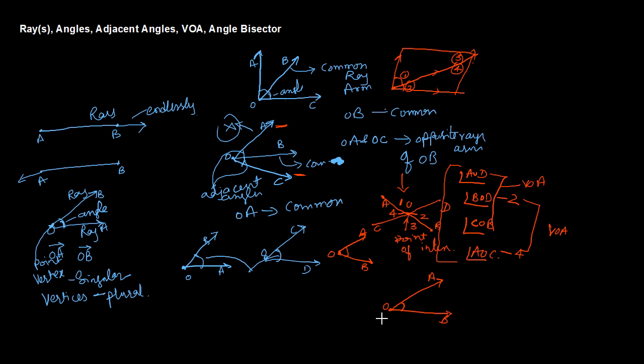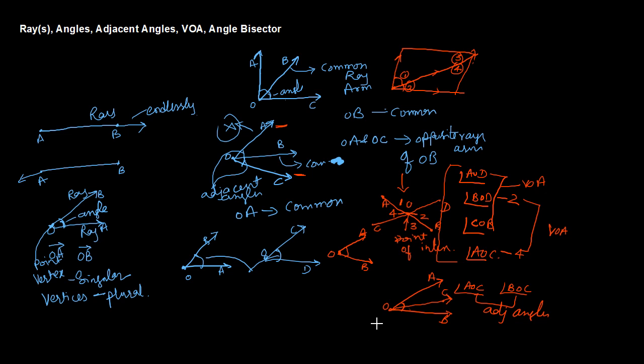Angle bisector. If I say, let's say there is another ray OC. So we know that these two are adjacent angles, in the sense angle AOC and angle BOC are adjacent angles.